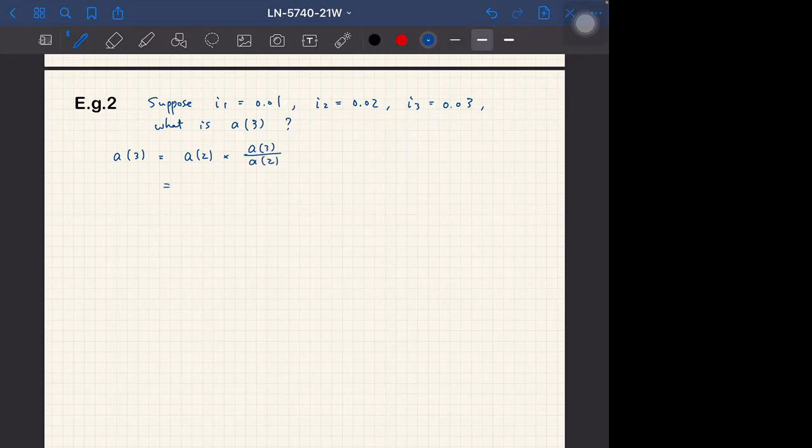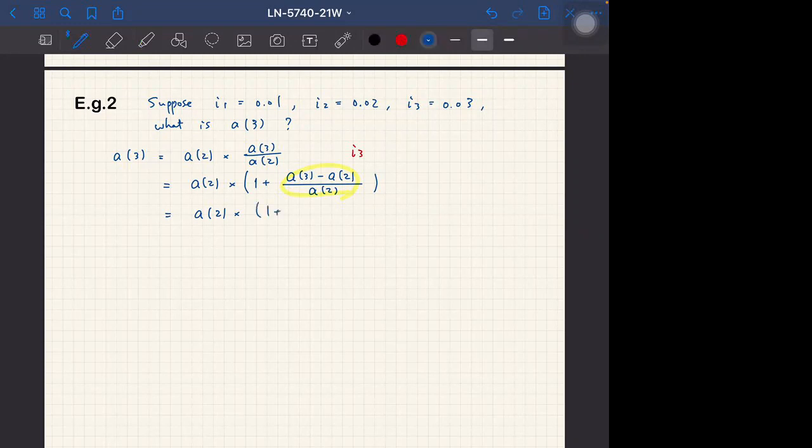But this is equal to A of 2 times 1 plus A of 3 minus A of 2 over A of 2. So this is basically why we define I of 3 as this quantity. So this quantity is I sub 3, and this is 1 plus I3.